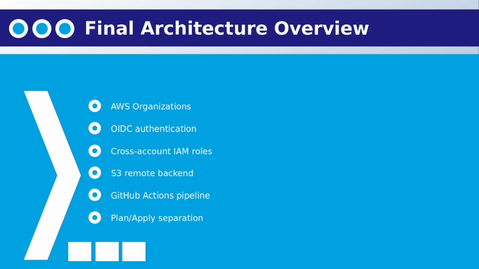Each layer adds control, each layer reduces risk. Together we create secure, scalable, auditable, enterprise-grade infrastructure automation. This is no longer running Terraform. This is building a cloud platform. This is thinking like a cloud architect.